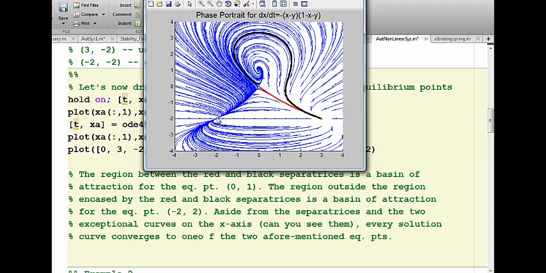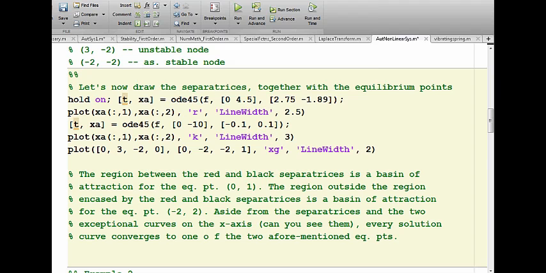And aside from the separatrices, these 2 curves, there are only 2 other curves unaccounted for. This curve here and this curve here. They both go out to infinity. So as I said, aside from the separatrices and the 2 exceptional curves on the x-axis, every solution curve converges to one of the 2 aforementioned equilibrium points.